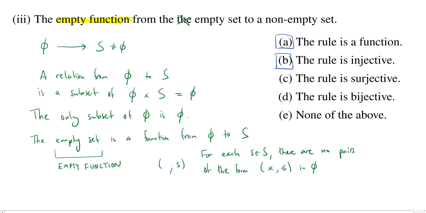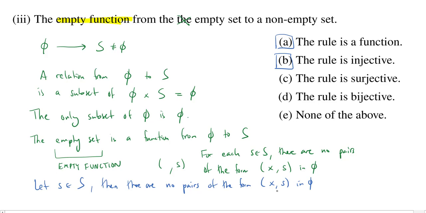How about surjectivity? Since S is a non-empty set, and this is where being non-empty matters, we know there is at least one s in S. So if we let s be an element of S, then we know that there are no pairs of the form (x, s) in phi, or in the empty set.